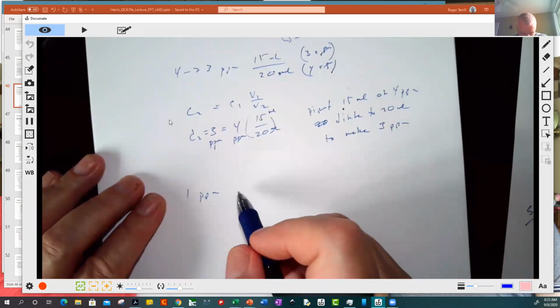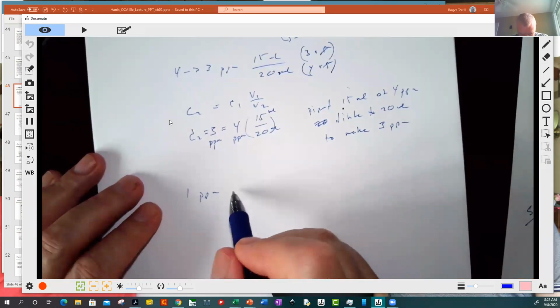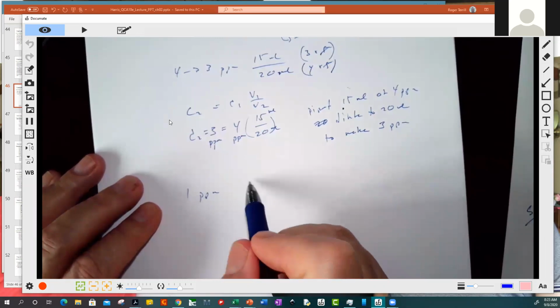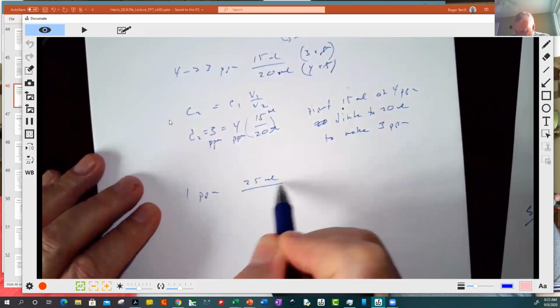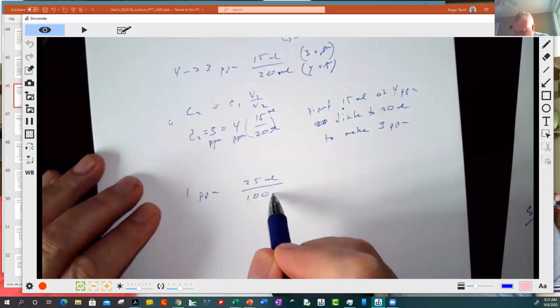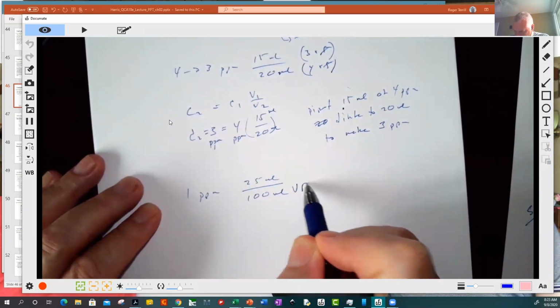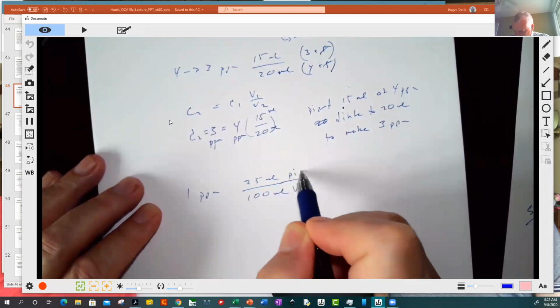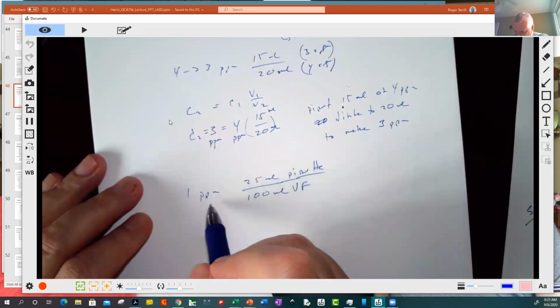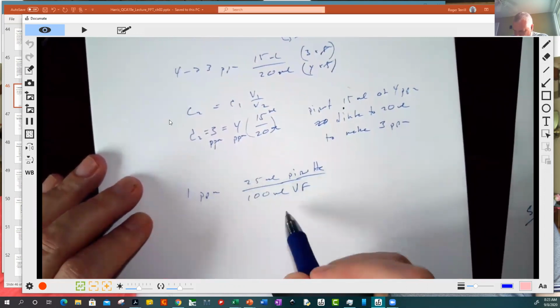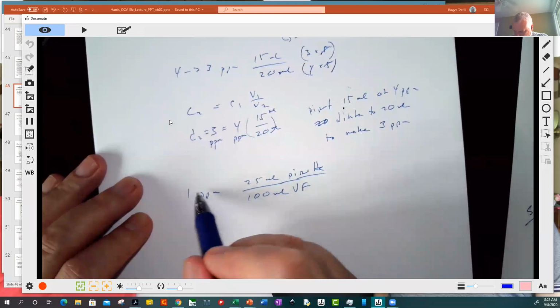So that's probably good. So we can get a 25 ml pipette and a 100 ml volumetric flask, right? This will get us the factor of 4 dilution, right?